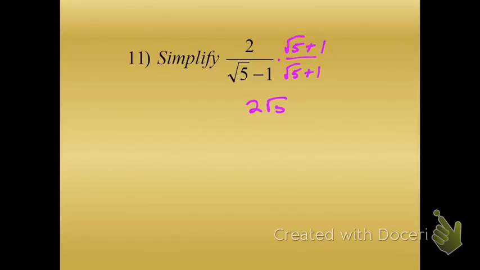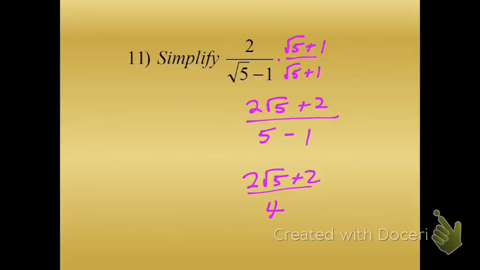So 2 square root of 5 plus 2 over 5 times square root of 5 times square root of 5 gives you square root of 25, or just 5. You know, if you remember from conjugate rules, your inside multiplications, they better cancel. So negative 1 times positive 1 gives you negative 1. So then what to be careful of with this is you have 2 square root of 5 plus 2 all over 4.